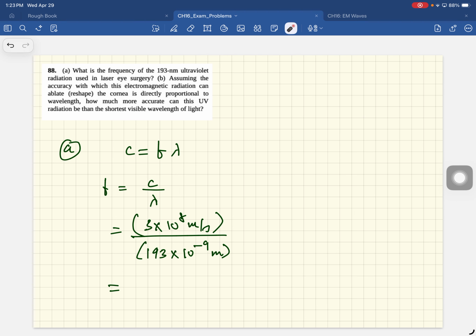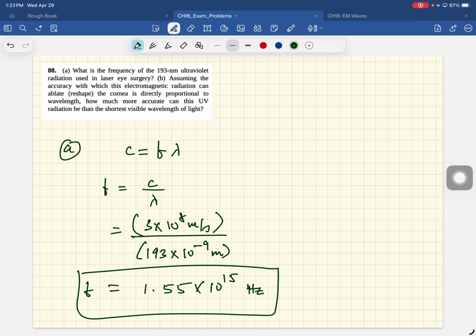So that's 10 to the 17, and we'll make it 300, so 10 to the 15 hertz, and 300 divided by 193, 1.55 times that. So that's the frequency of that light, the laser that's used. So it's a UV laser that's used in the LASIK surgery.